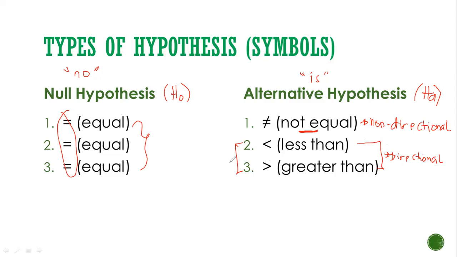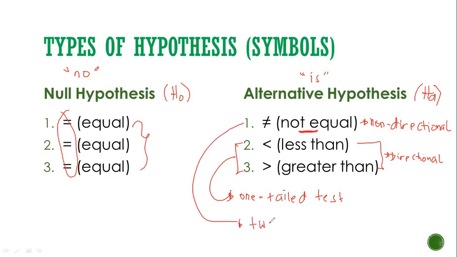And again, pag may direction, ano yung test na gagamitin natin? Is it one-tailed or two-tailed? Pag may direction, ibig sabihin, we will use your one-tailed test. Paano kung walang direction?